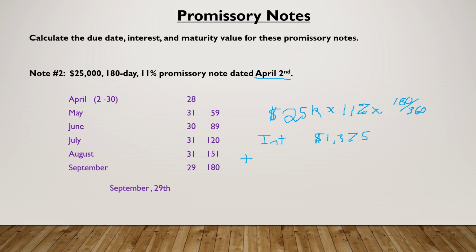Add to that our principal amount. And our maturity value will be $26,375.